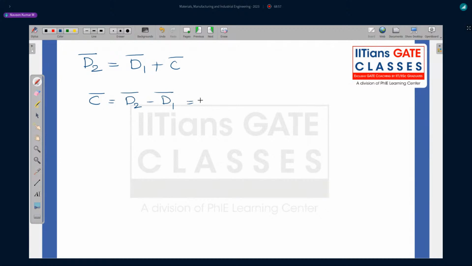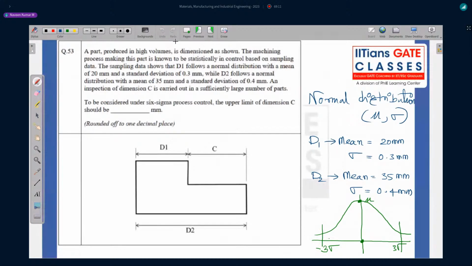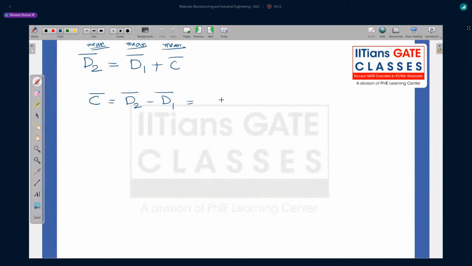This bar is nothing but mean. The mean of D2 is 35, the mean of D1 is 20, right? So here I can say C bar, the mean of C, will be 15 mm.